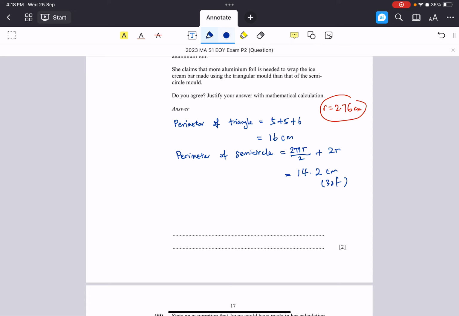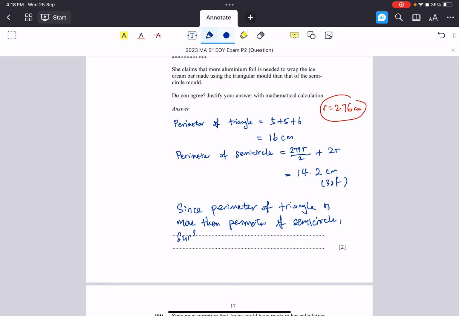So we can say that since the perimeter of the triangle is more than the perimeter of the semicircle. I wrote circle wrongly, semicircle.